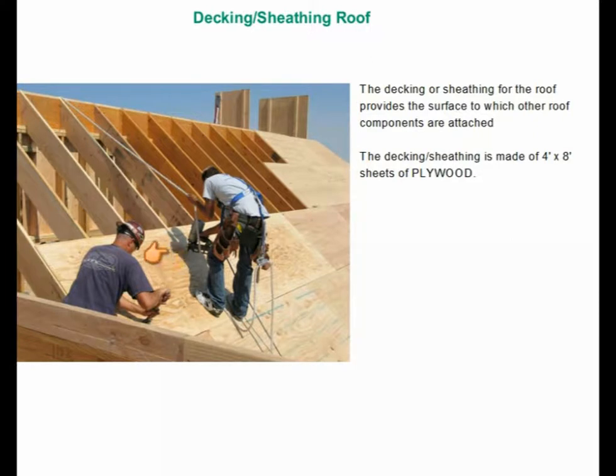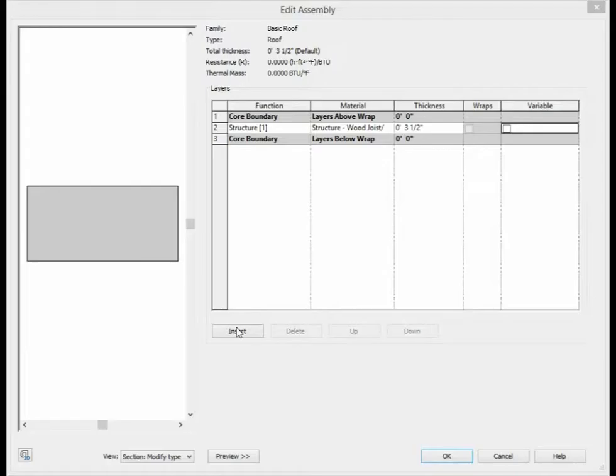Here is an example of the sheathing being nailed to the rafters. So in the assembly of the roof object, the next component that needs to be added is the sheathing.